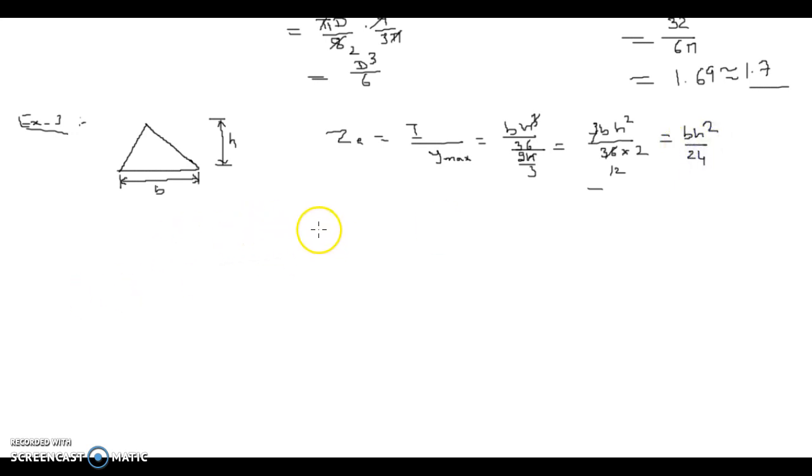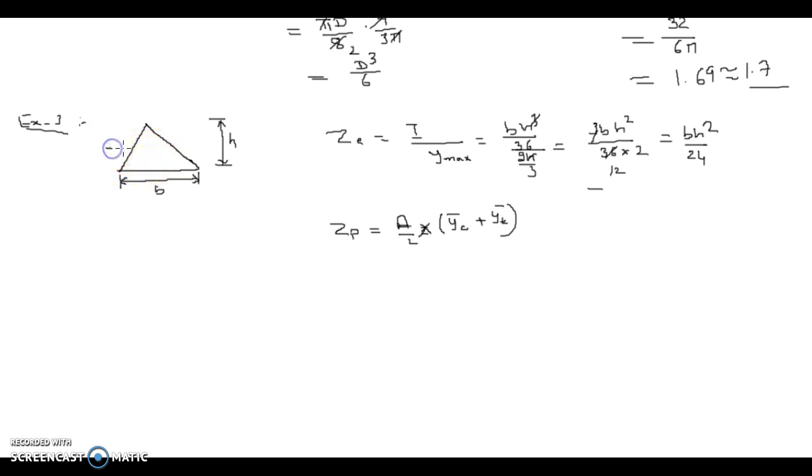And now I want to calculate my ZP. Now to calculate my ZP, what is my section? This is A by 2 multiplied by YC bar and YT bar. Okay, so now the question is where my equal area axis lies.